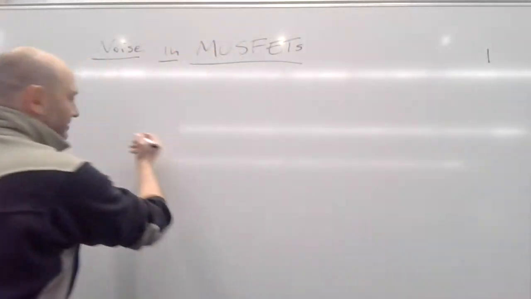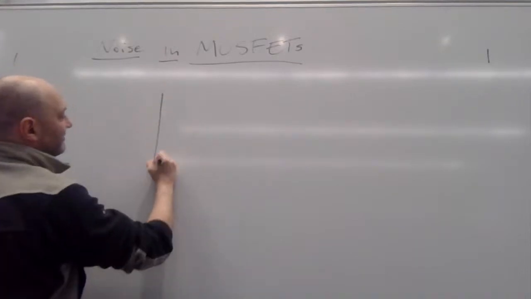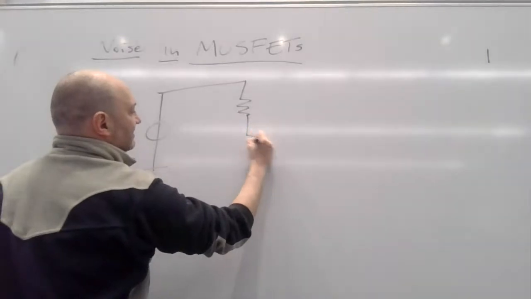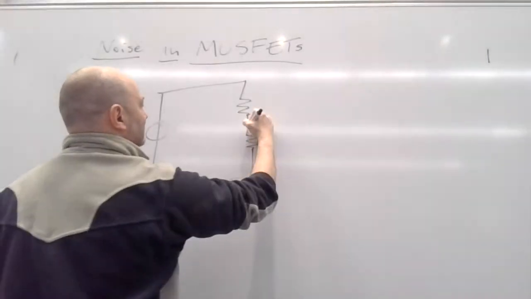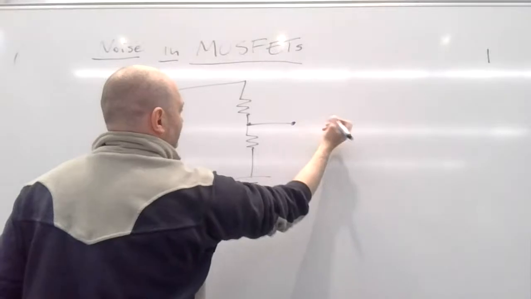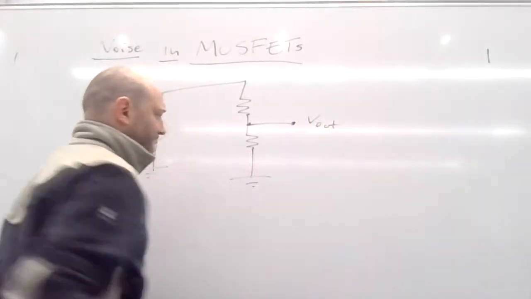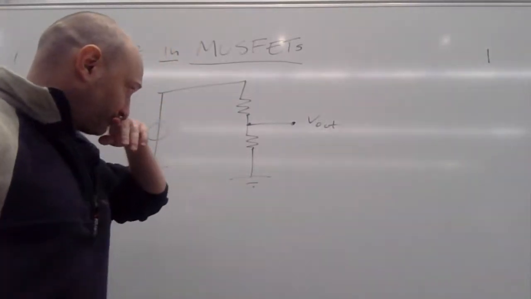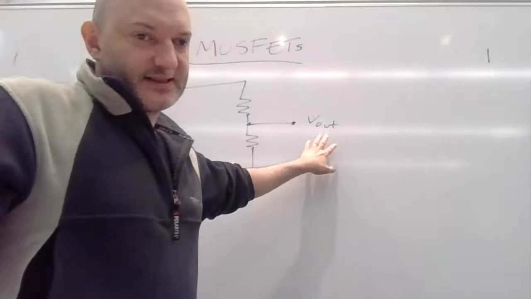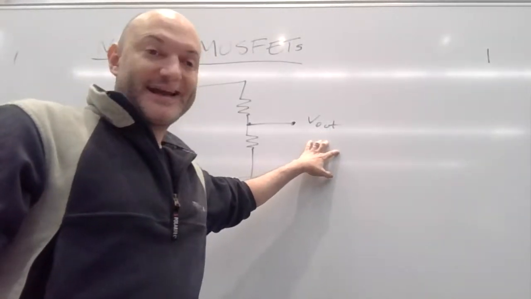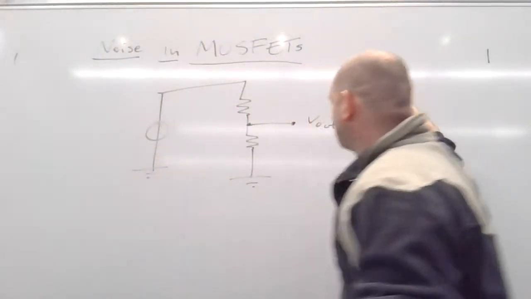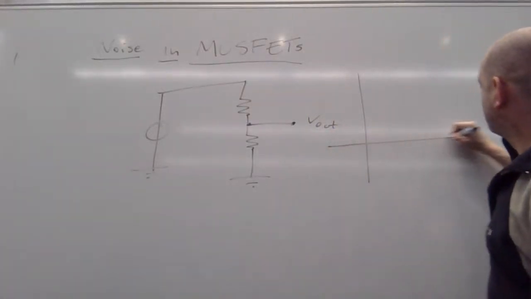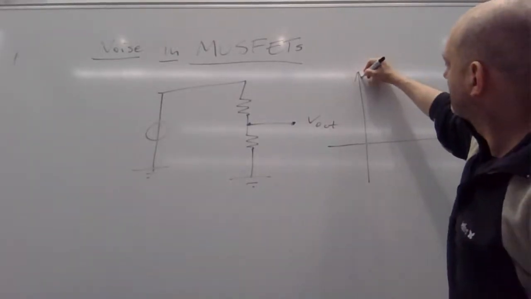If we take a very simple circuit, perhaps a voltage divider, and we get our output there, the Vout. It doesn't matter the value of this resistor, just as an example. And we plot Vout as a function of time. What we have is not a nice continuous signal, but it will be something like this.